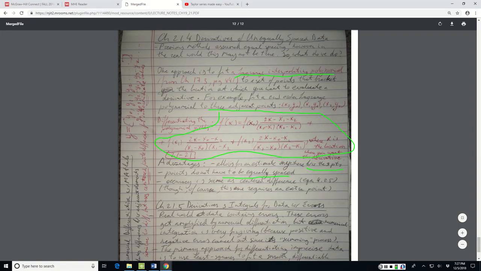The points do not have to be equally spaced because you can do interpolation easily if they're not equally spaced. Interpolation does not require that your points are equally spaced. And the accuracy is the same as the center difference, but it requires an extra point. Now you have 3 points instead of 2 points.